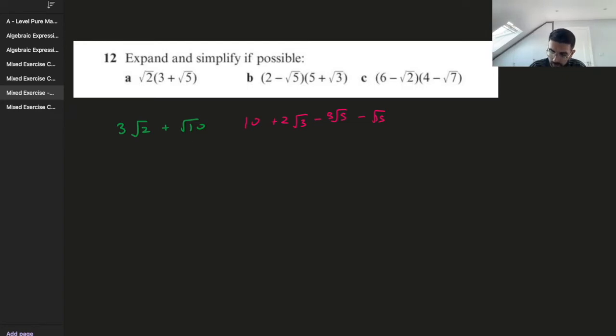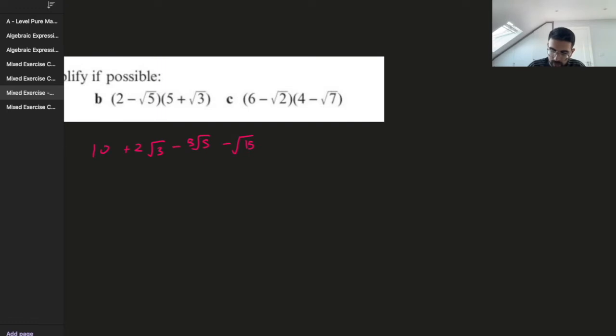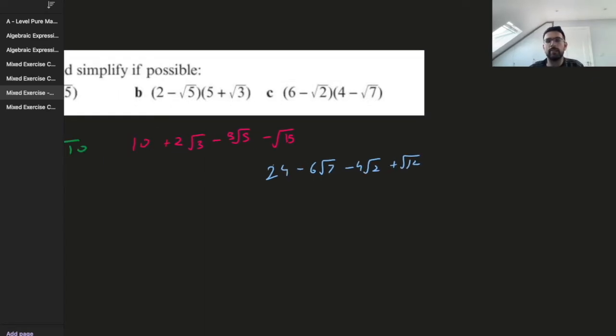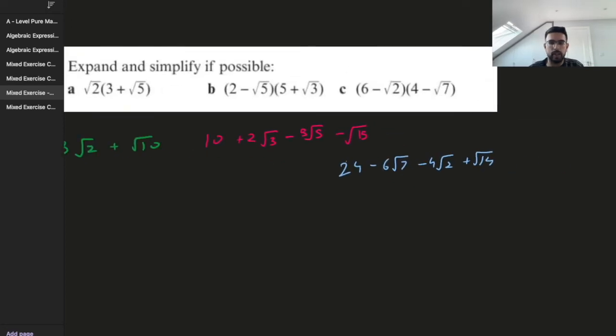So let's just write that slightly nicer. I don't think it's come up that way. And then finally, our part C is just going to be the same sort of concept. So it's going to be 24 minus 6 root 7 minus 4 root 2 plus root 14. Nice and easy expand and simplify type questions.